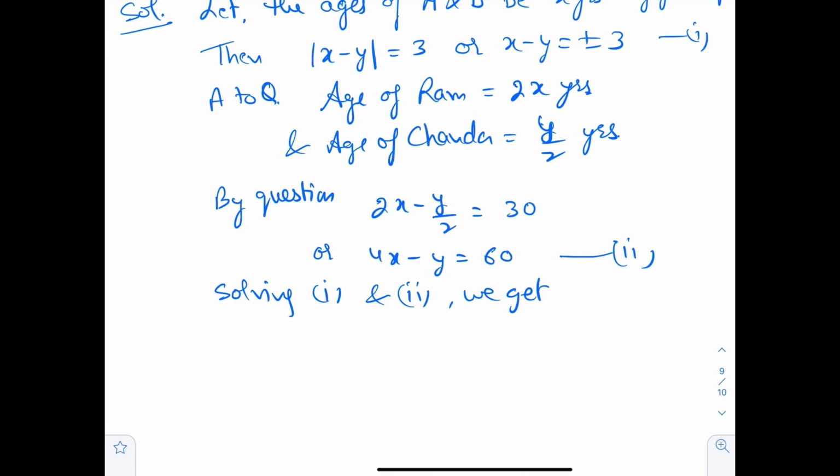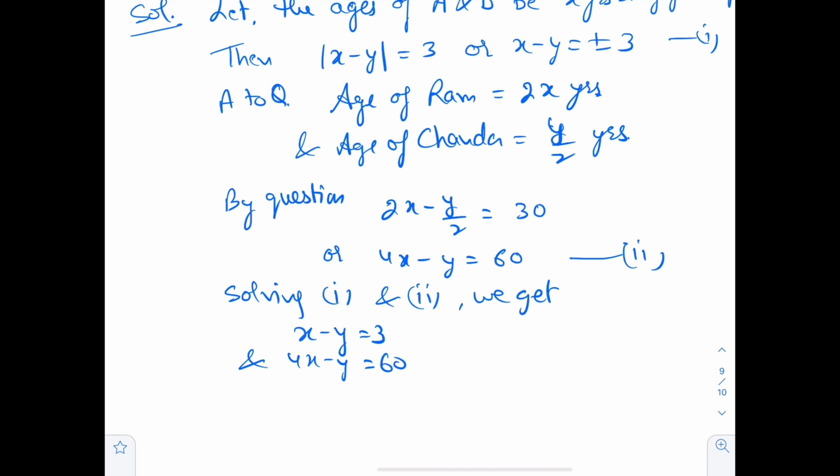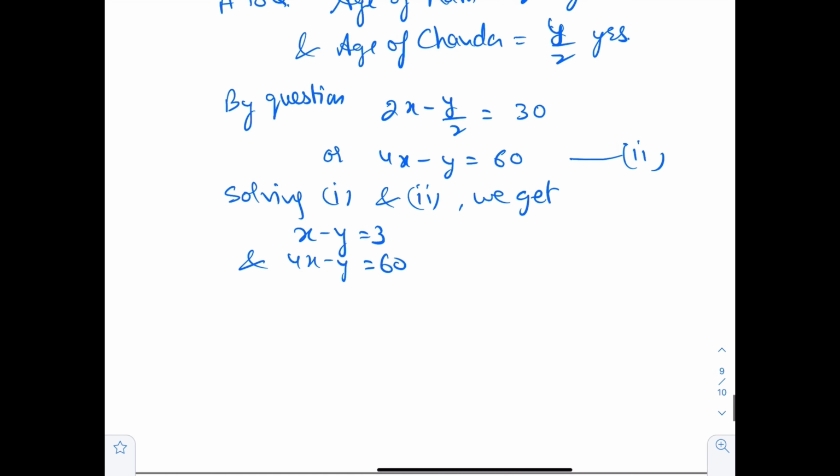हमारी दो तरह की इक्वेशंस होंगी. फर्स्ट केस में x माइनस वाई इक्वल टू 3 एंड 4x माइनस वाई इक्वल टू 60. सो सब्सट्रैक्टिंग, ऐसे कर लेते हैं दो पार्ट्स में.